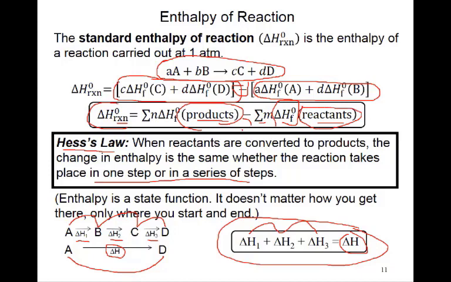So there are two methods to calculate. Number one, delta H1 plus delta H2 plus delta H3 gives delta H. And the other method is that we calculate the heat of formation of products minus the heat of formation of the reactants. This will give you again the same thing, delta H, but it is called for the reaction.